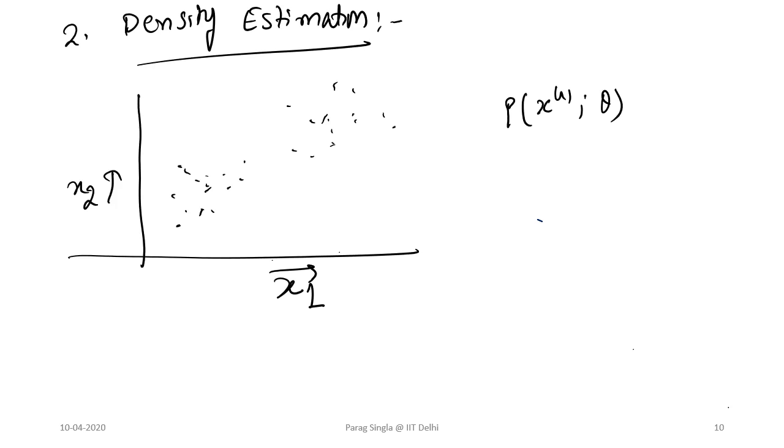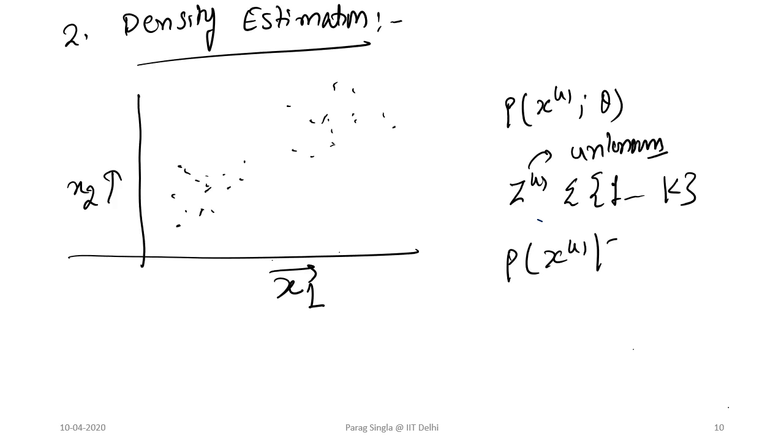Remember, there we had two quantities: the class labels, called yi's. Here we will refer to them as zi's, and zi's will belong to underlying classes which will be unknown to us, but we'll try to estimate them. And given these zi's coming from a certain distribution, we'll now try to estimate the probability of xi given zi, parameterized by theta.